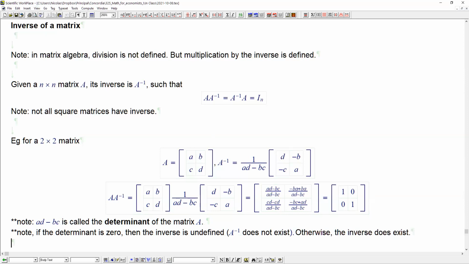And what's the link with what we've seen so far? So solving systems of equations. Well, it turns out that having an inverse for the matrix ABCD, if ABCD are the coefficients of the system of equations that I care about.